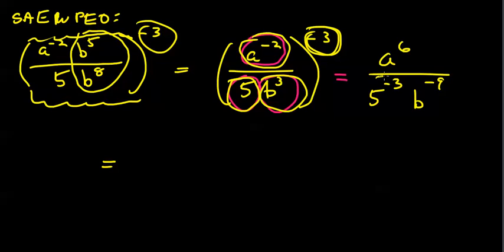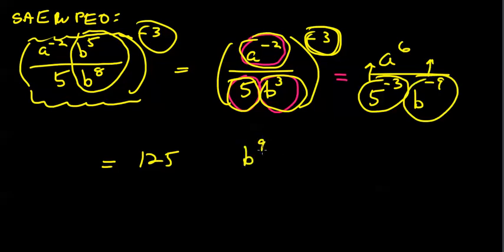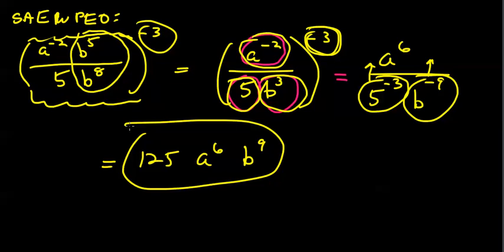I can then move this upstairs as 5 cubed. Well, that's 125. I can move this upstairs as b to the 9th power. And of course, an a to the 6th power was already sitting upstairs in that numerator. Final answer here, 125, a to the 6th, b to the 9th.